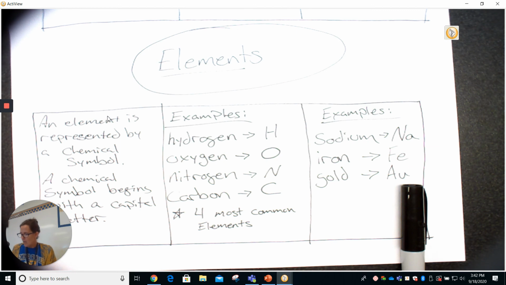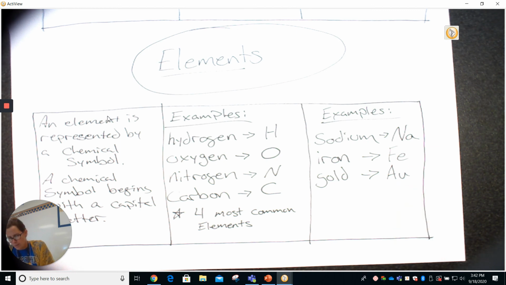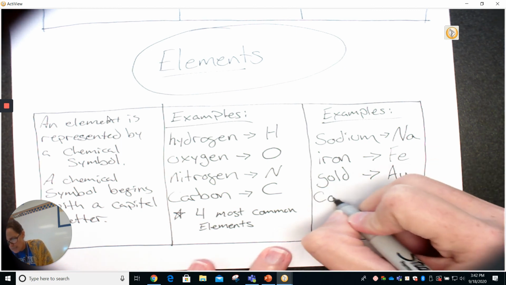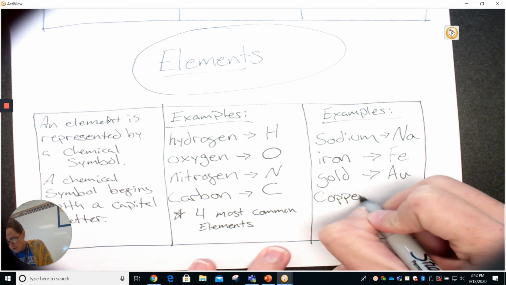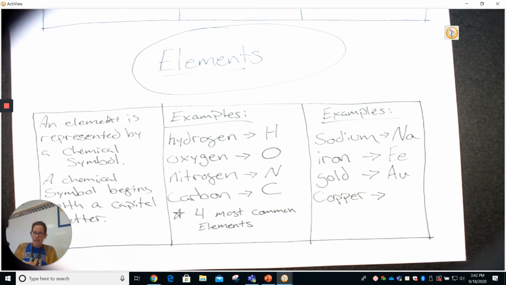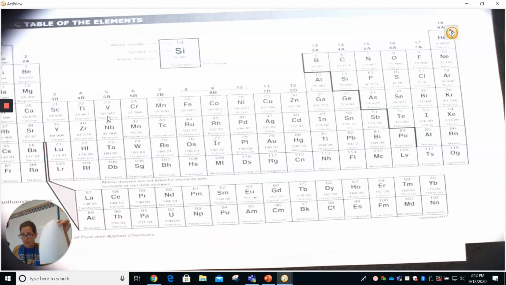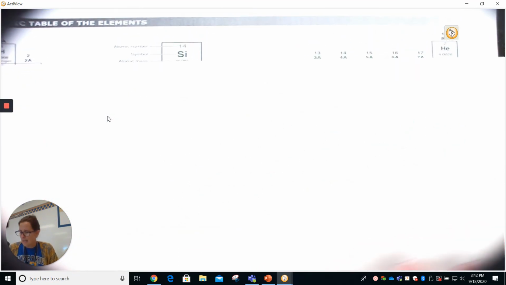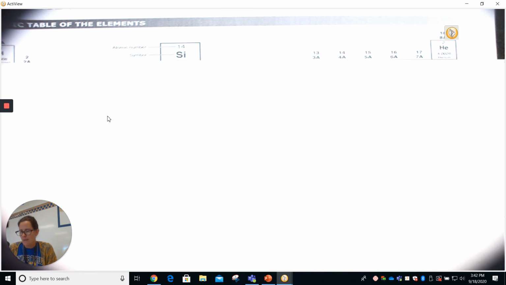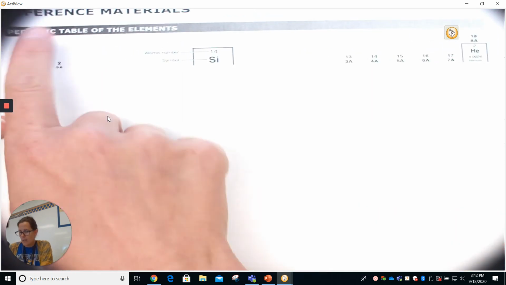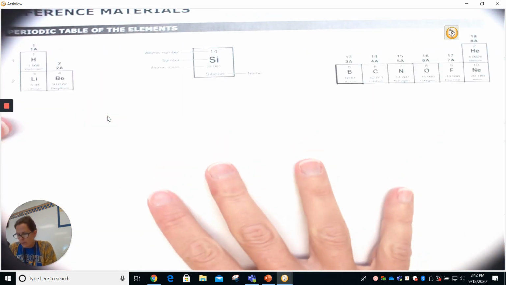Kind of funny, right? Okay, the last one we're going to talk about is copper. So I'm going to go ahead and write that down, C-O-P-P-E-R. Okay, and let's go ahead and hunt it down on this periodic table too. So I'm going to bring the periodic table over here, and I've got my other piece of paper that I'm going to lay over top of it because it's just easier this way. Man, I would recommend you do this every time, okay? And I'm going to start on the upper left and go across, and we're looking for copper.